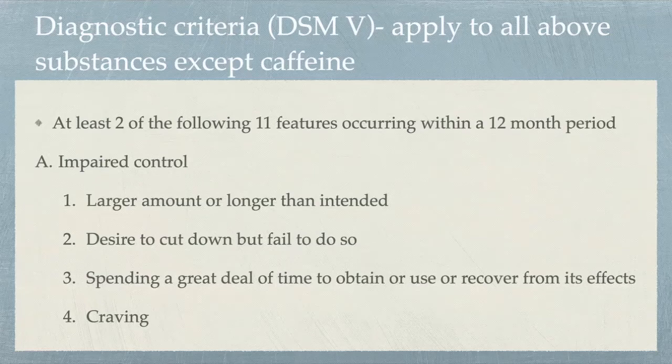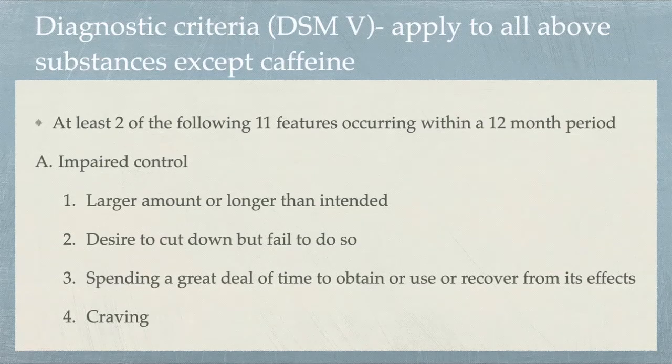We can organize them into 4 groups. The first grouping is impaired control. Criterion 1 is that the individual takes the substance in larger amounts or over a longer period than was originally intended.